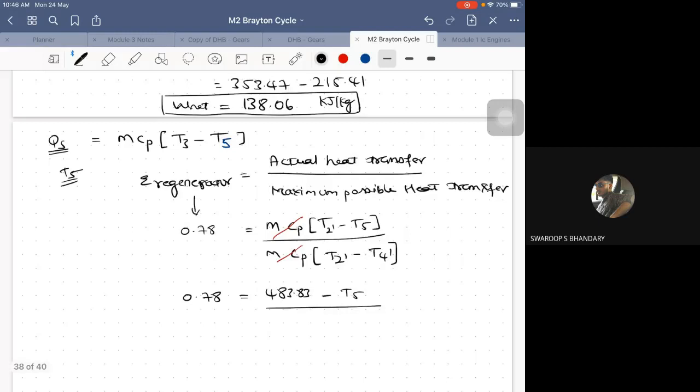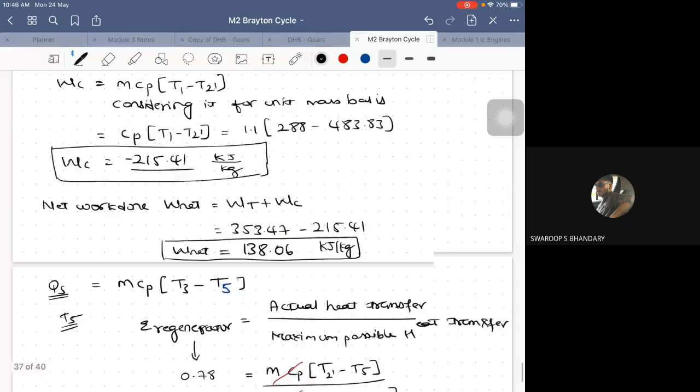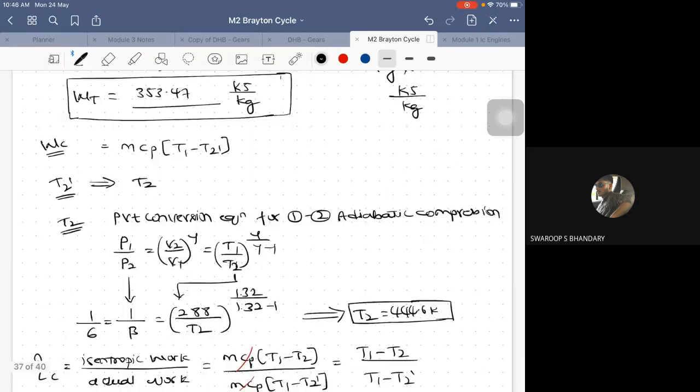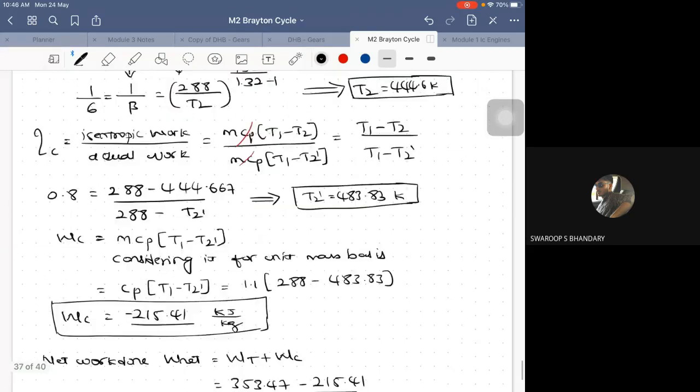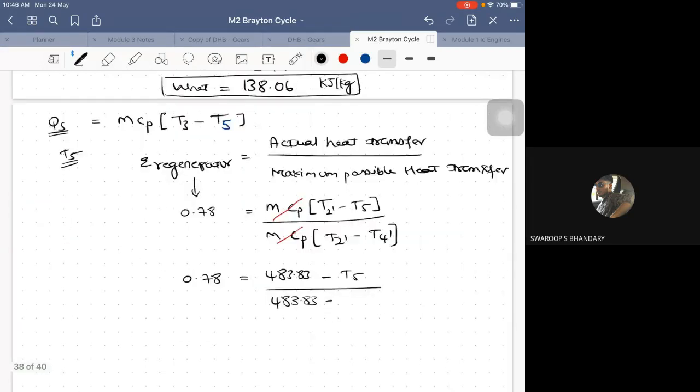Next, T2 dash is again 483.83 minus T4 dash. How much is the value of T4 dash? 751.66.